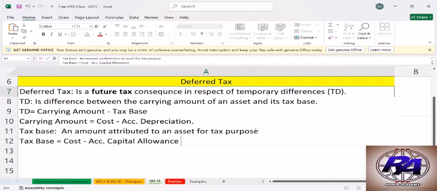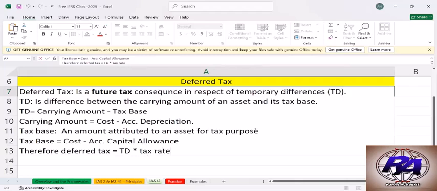So basically, once we've gotten this principle that deferred tax is a tax consequence, we can go ahead and conclude that therefore deferred tax is equal to our temporary difference multiplied by our tax rate.